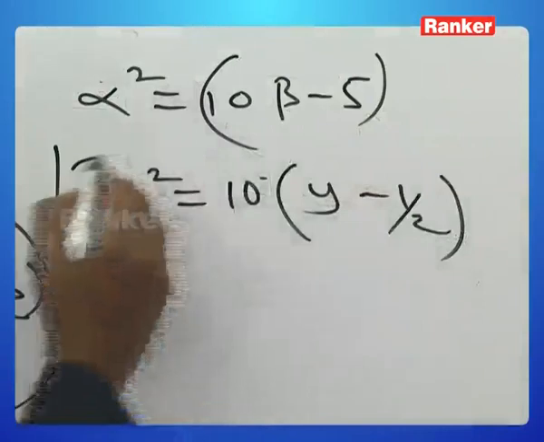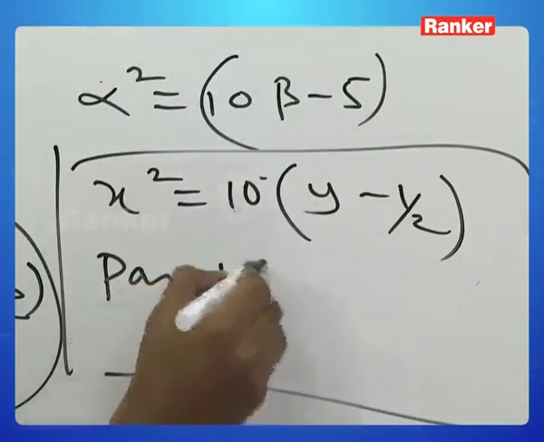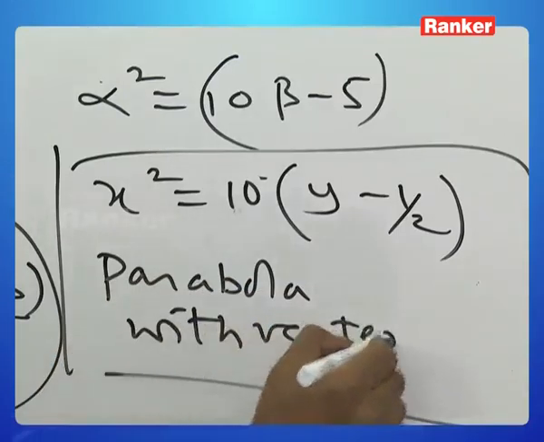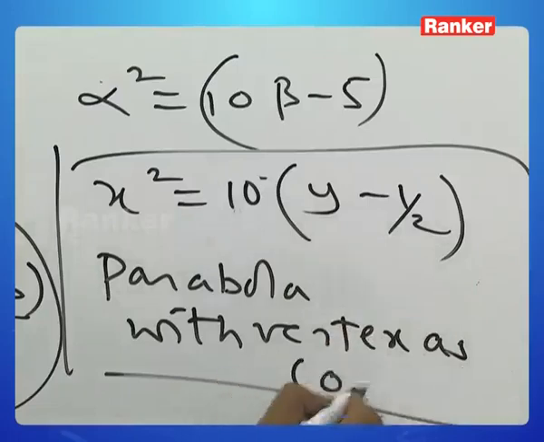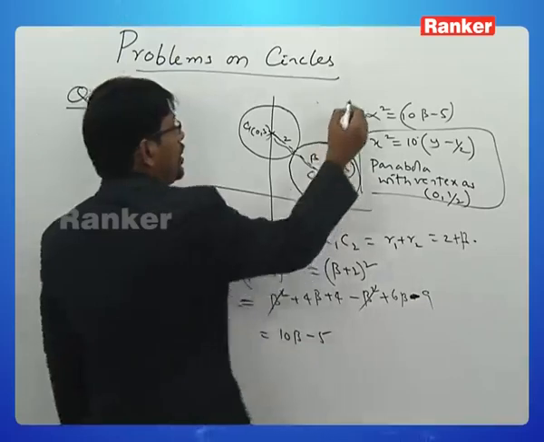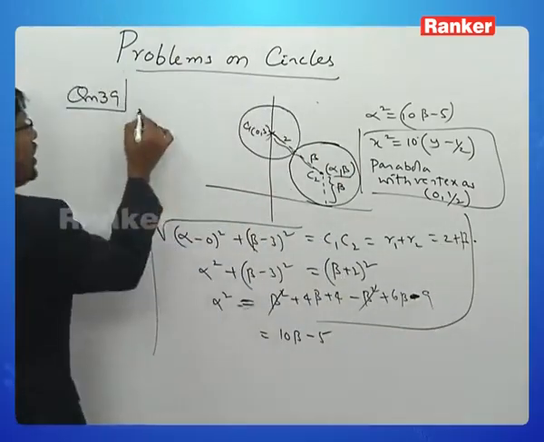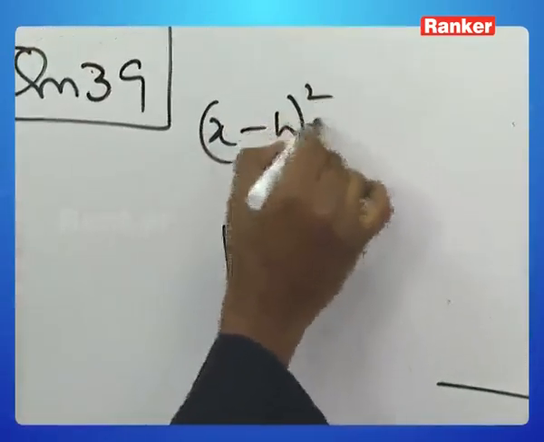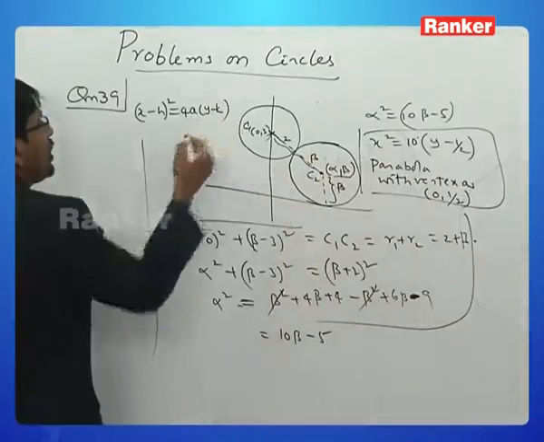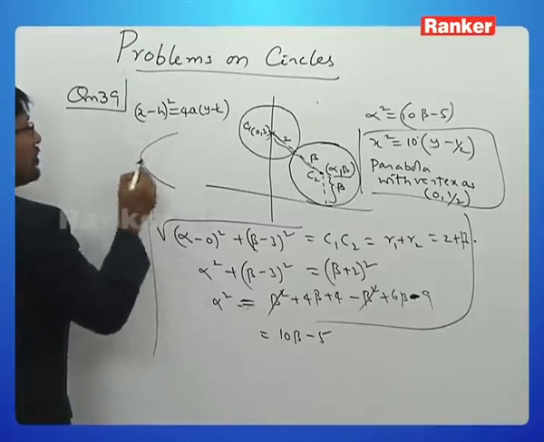It's a parabola with vertex as 0 comma half. We would have learnt in the parabola chapter that x minus h whole square is equal to 4a into y minus k represents a parabola with vertex as h comma k.